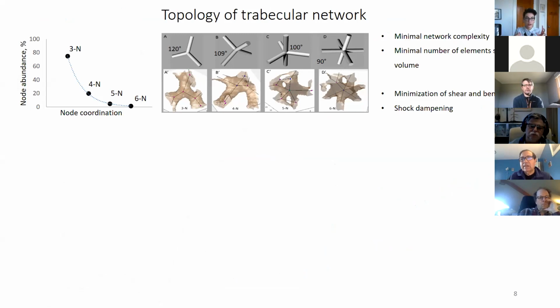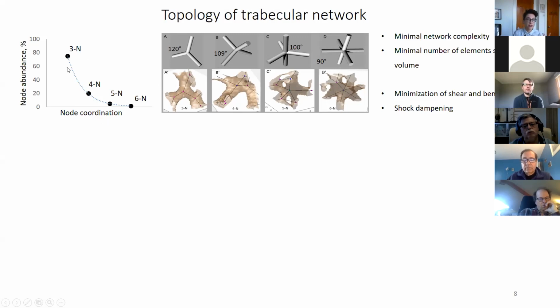And that would be the classic diamond lattice. But in bone, actually, the situation is way more complex. The majority of the nodes that comprise the lattice, the network, they are very simple ones. They're the nodes of 3 neighbors. Less than a quarter of the nodes are those of 4 neighbors. And then as the node coordination or valence increases, the abundance of that type of a node drops down.